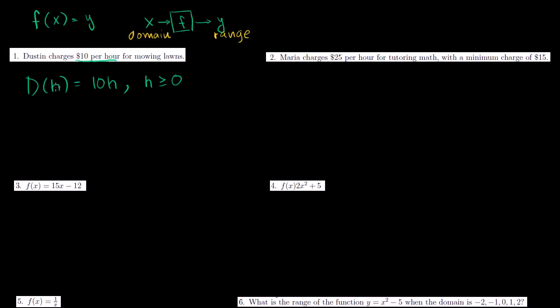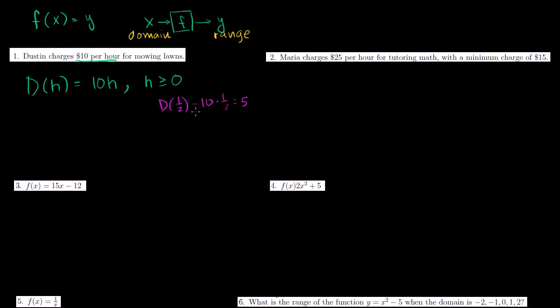You put 1/2 in here, which essentially substitutes this h with the 1/2. You do 10 times 1/2. Let me write that down on the side here. So Dustin's going to charge for 1/2 hour, 10, wherever you see the h, replace it with 1/2, times 1/2, which is equal to $5. That's our function definition. I was just showing you an example of applying it.